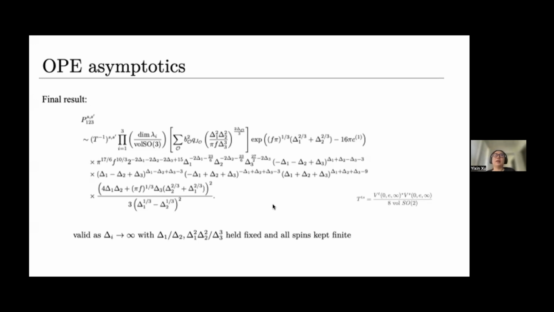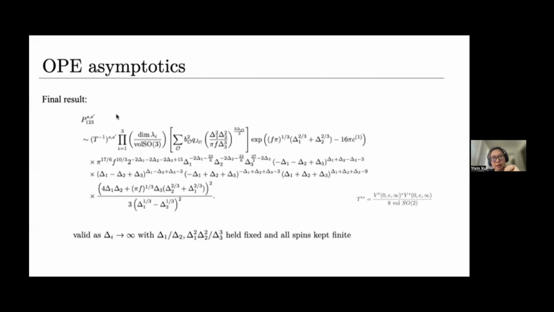Now, here's one thing you can do. Notice that I commented earlier that this asymptotic relation is valid when this quotient, delta 1 squared, delta 2 squared divided by delta 3 cubed, is held fixed. So what you can do is choose delta 1, delta 2, delta 3 so that this quotient is relatively small. Imagine the space of delta 1, delta 2, delta 3, with three axes.